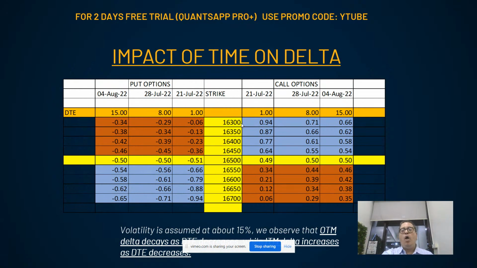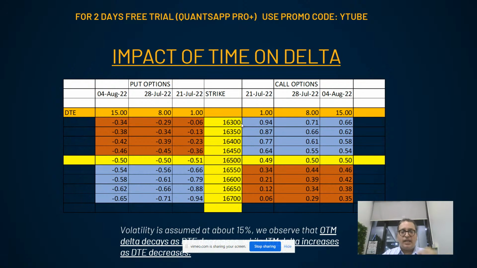Hence, the delta of an ITM option actually increases as time collapses. So for the in the money option of strike 16300, we are seeing 0.66, 0.71, 0.94. So for 1 DTE, days to expiry, you actually have 0.94 as the delta.